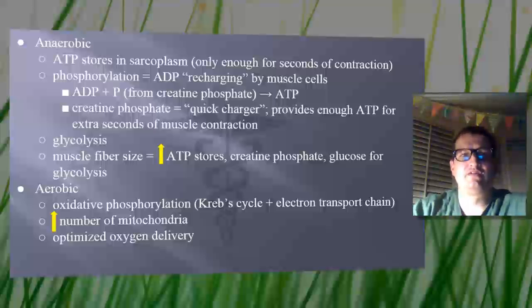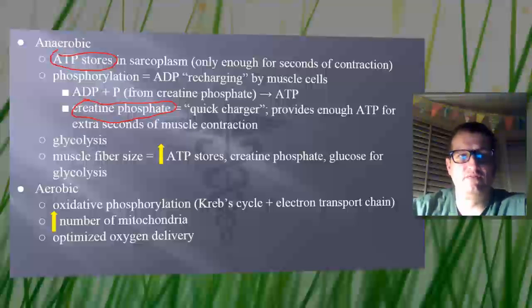So anaerobic relies on ATP stores that are just in the cell, and it also relies on creatine phosphate, which quickly changes ADP back into ATP so it can be used again. Glycolysis occurs, which is the rapid breakdown of glucose in the cytoplasm.